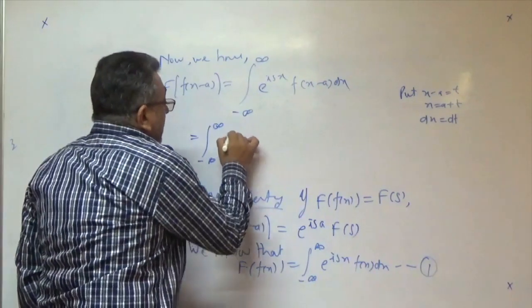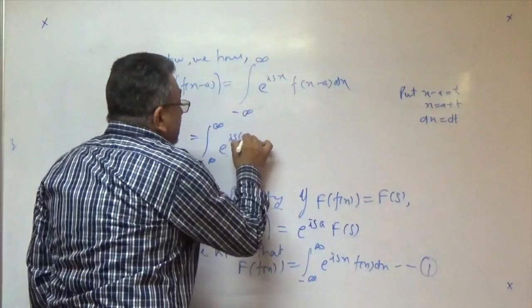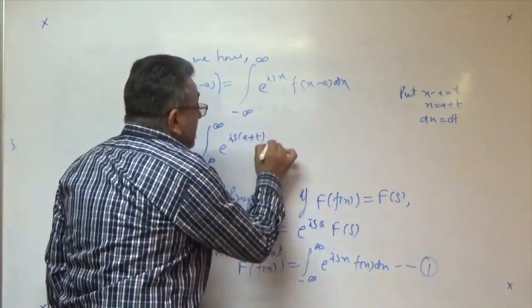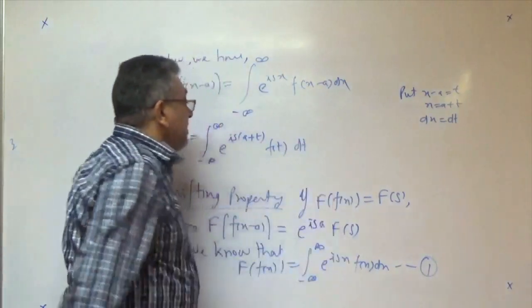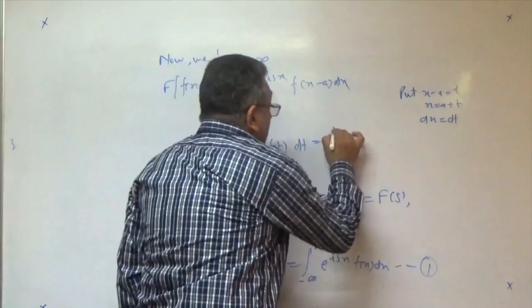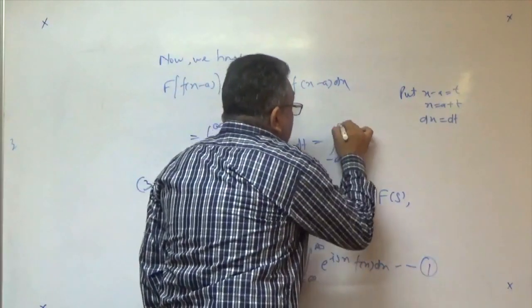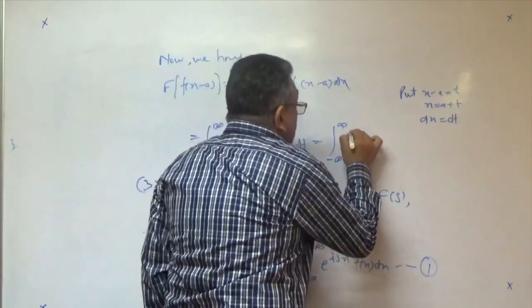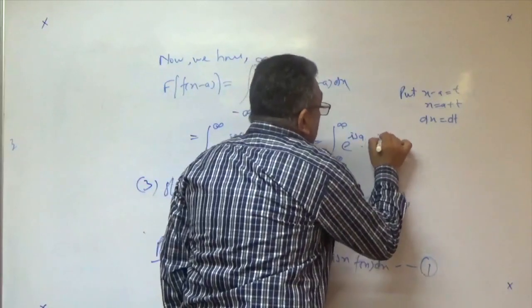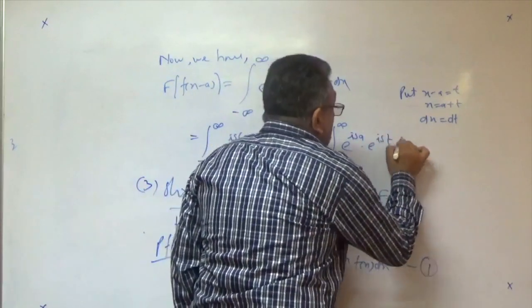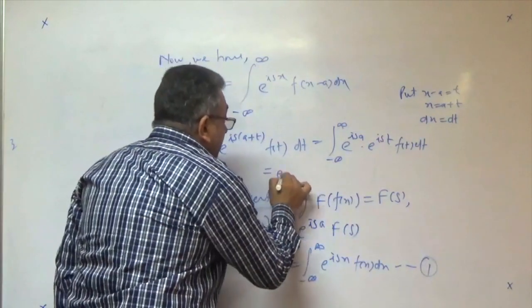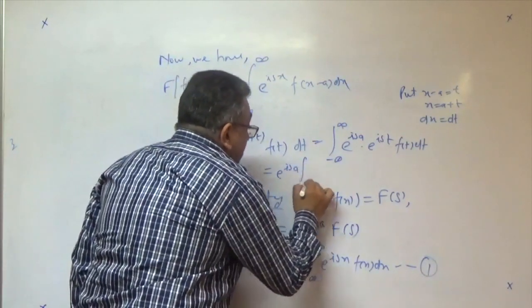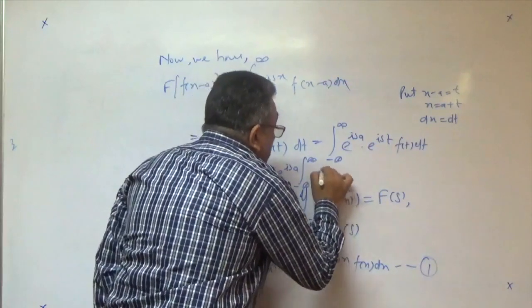Here e to the power i s, in place of x there is a plus t, this is f of t, and this is dt. By multiplication, the integral from minus infinity to infinity of e to the power i s a into e to the power i s t f of t dt, and you can take e to the power i s a outside the integral because the integral is with respect to t.